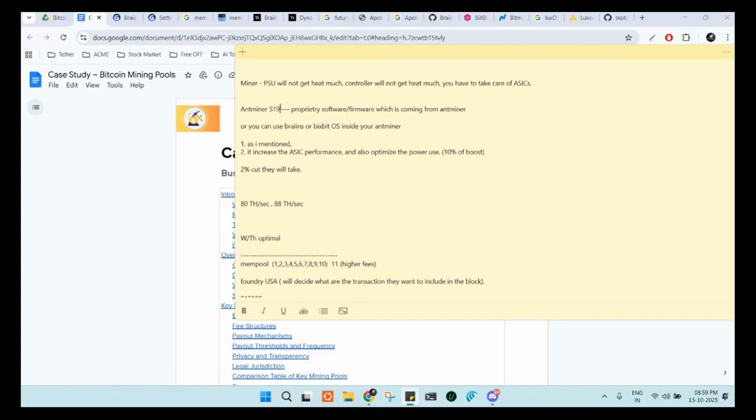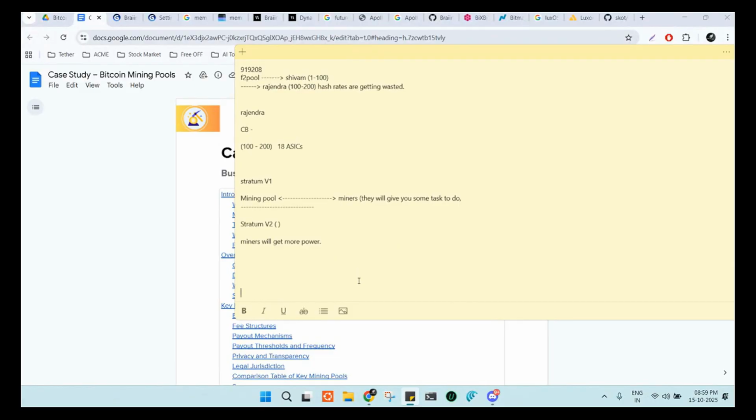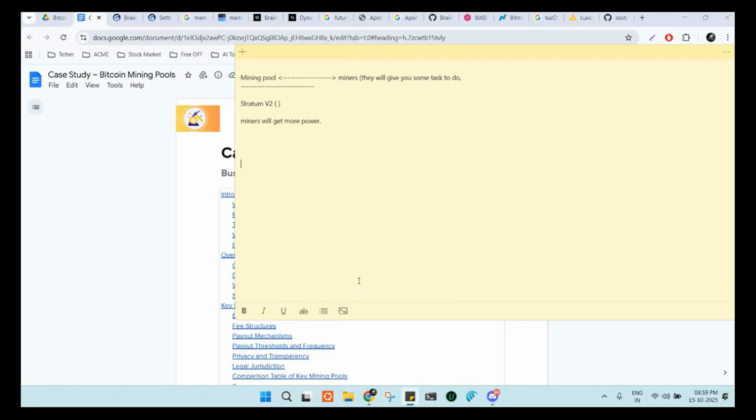Now we have discussed the types of miners as well, and what cooling processes we use, right? And if you ask me, if you want to join any company, even as a consultant, what things you should be aware of? You should know what a control board is. You should know what a hash board is, because I remember someone asked this question in the feedback form.